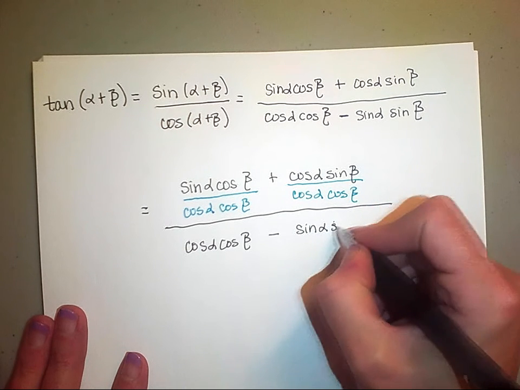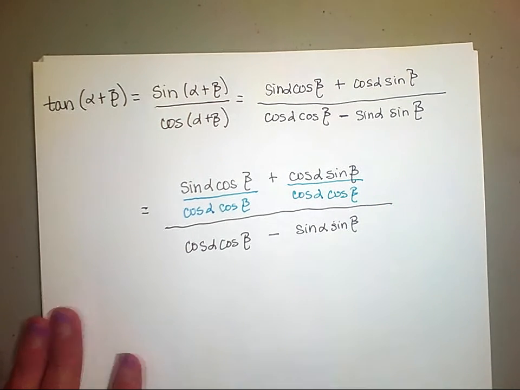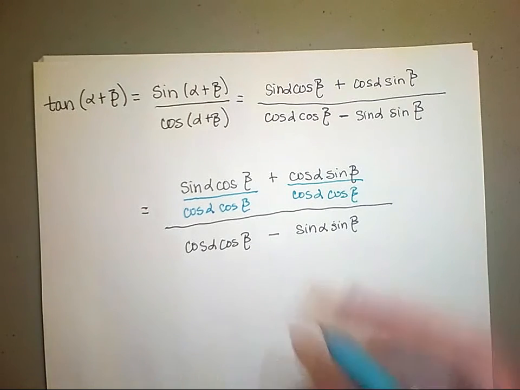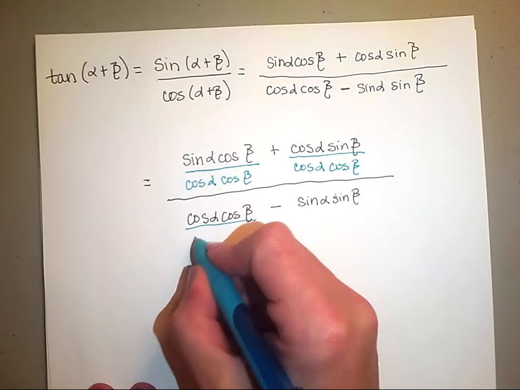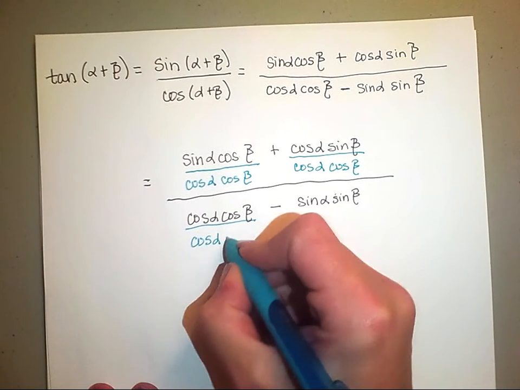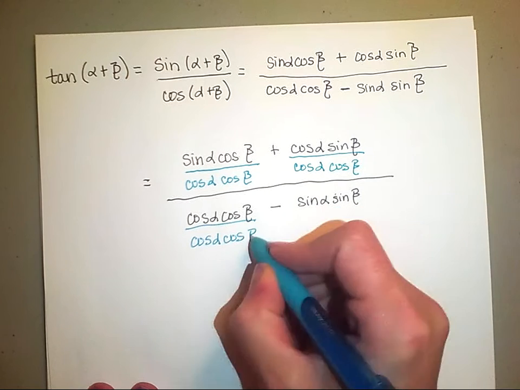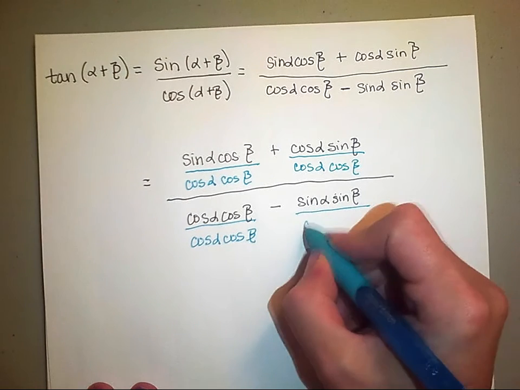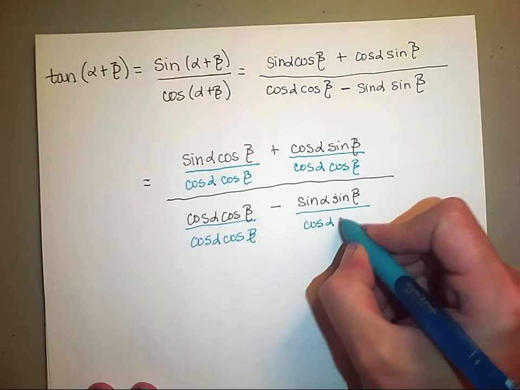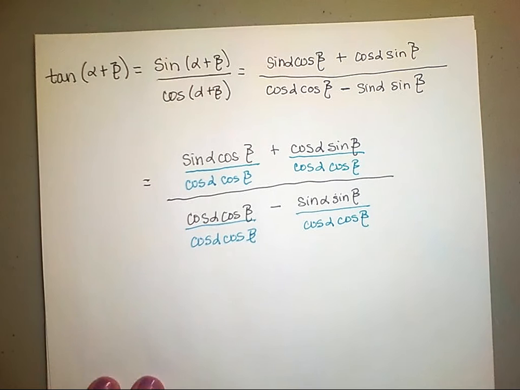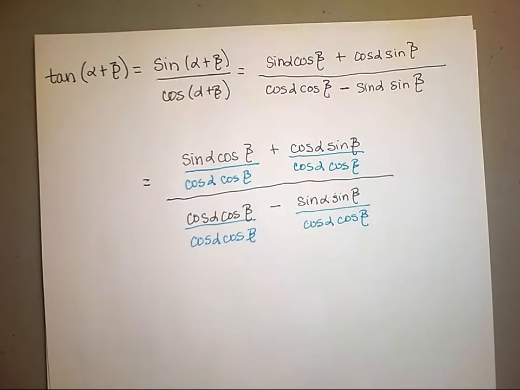So rewriting the denominator as it stands now, and then I would have to divide these also by cosine alpha, cosine beta, over cosine alpha, cosine beta. Okay, so now let's do some simplifying where we can.